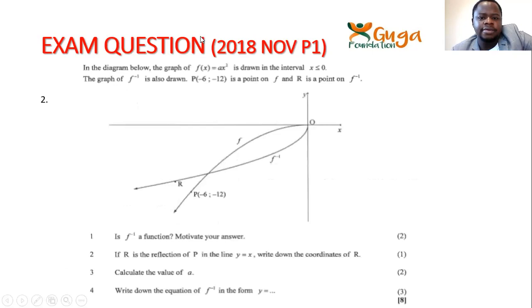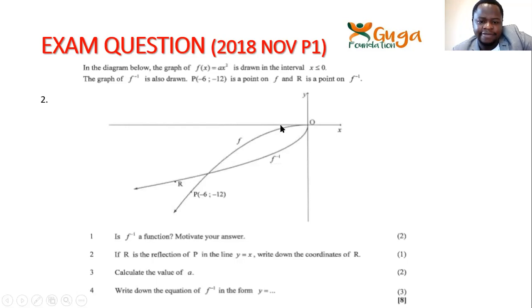This should be simple. Now the other question, exam question again, 2018 November paper 1. In the diagram below, the graph of f of x is equal to a x squared is drawn in the interval x less than 0. Everything is on the negative side. The graph of the inverse is also drawn. P is a point on f and R is a point on the inverse.